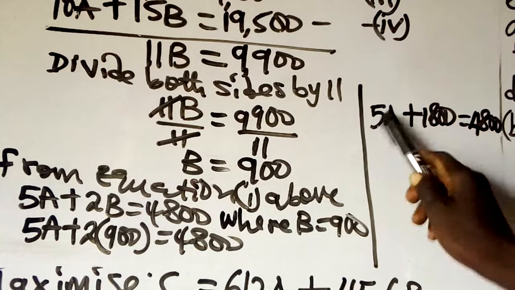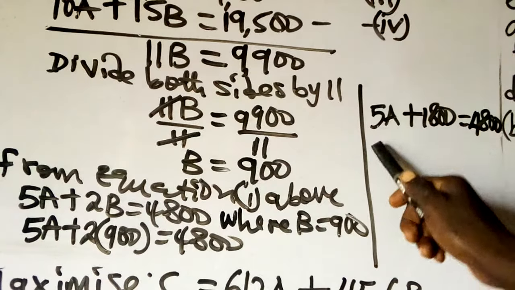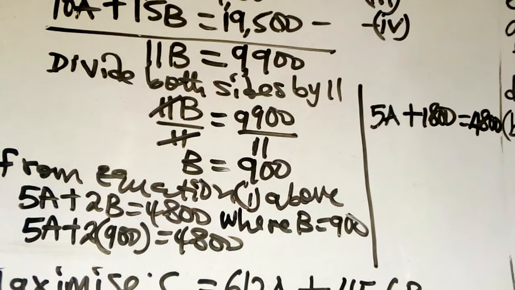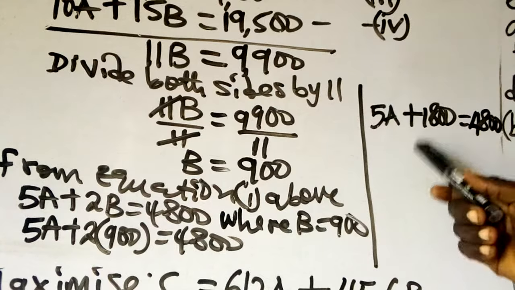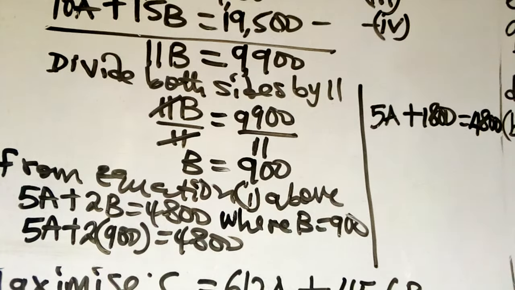You want to solve for a now, so you collect the like terms. If you have watched my lesson on algebraic expressions, like and unlike terms, then you will understand the processes involved.